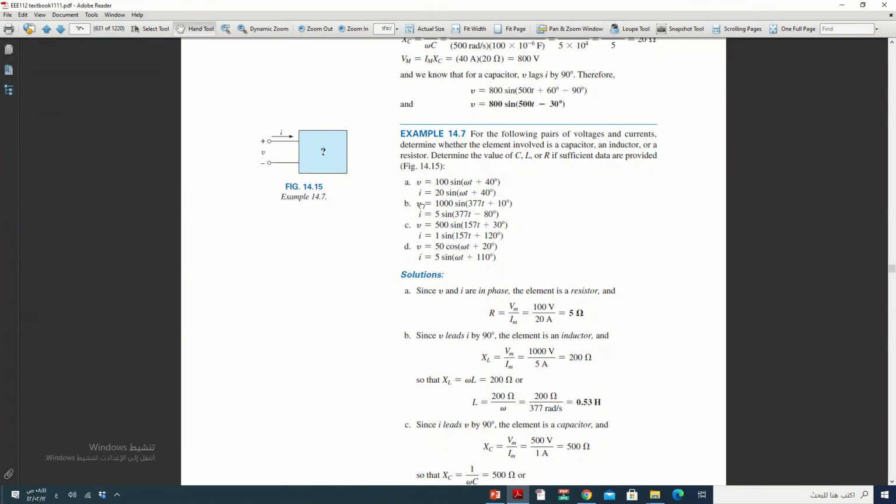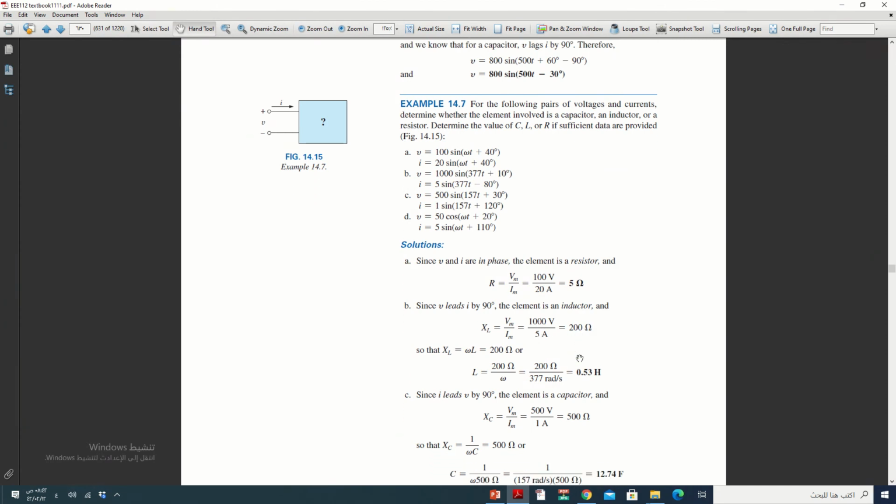This means the voltage leads the current. In which element does the voltage lead the current, capacitor or inductor? Inductor. In the inductor, the voltage leads the current, or you can say the current lags the voltage. Since V leads I by 90 degrees, the element is the inductor, and we can find XL, which is 1000 divided by 5, which is 200.